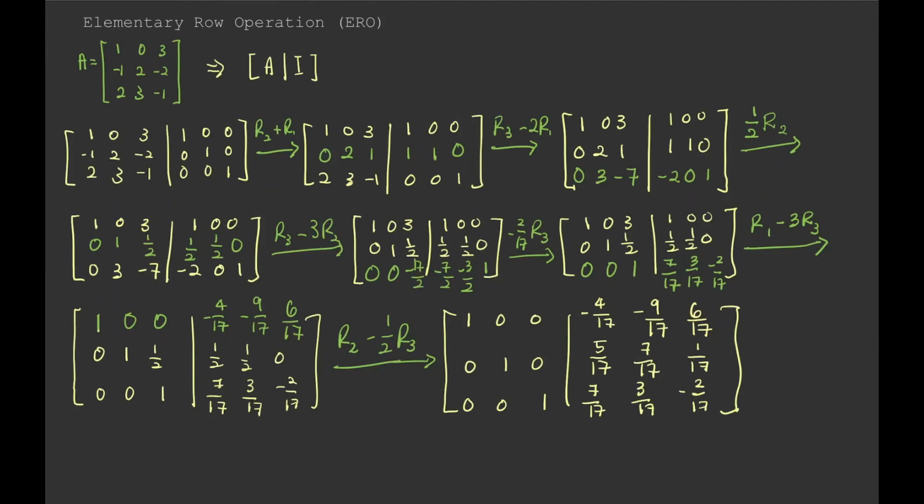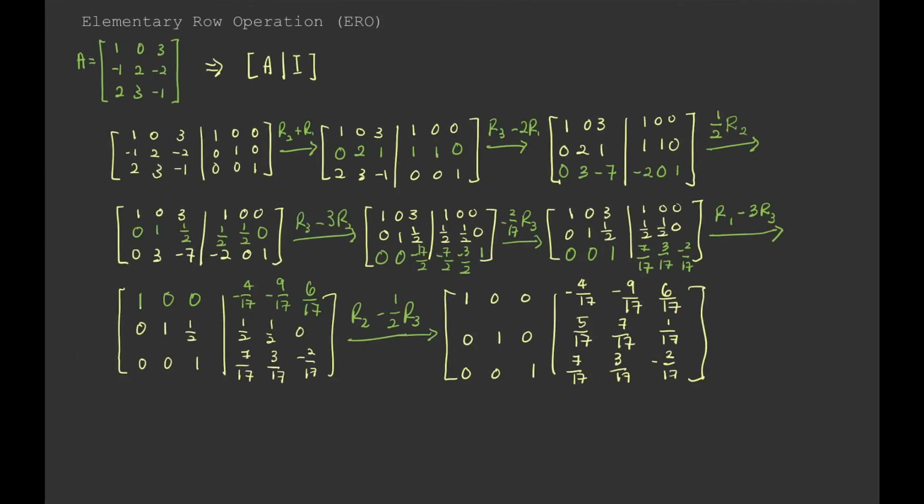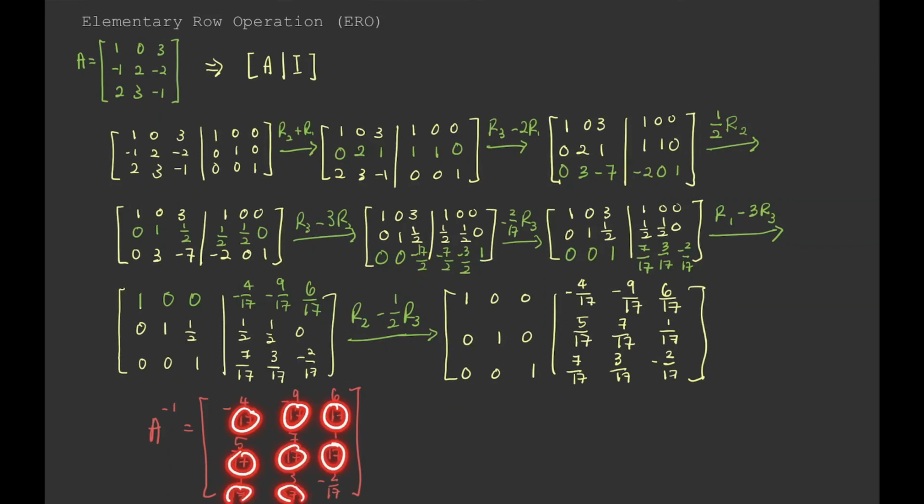So we write it back properly. Inverse matrix of A, so A inverse equal to all the values that we have on the right hand side. As you can see, all your denominators are 17, and we can simplify this.